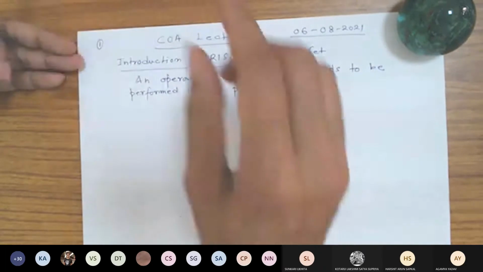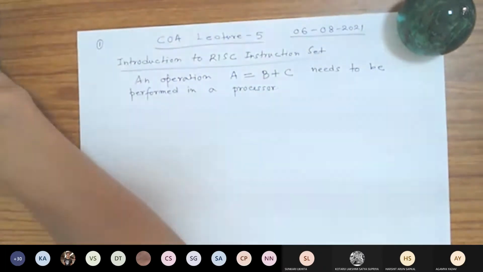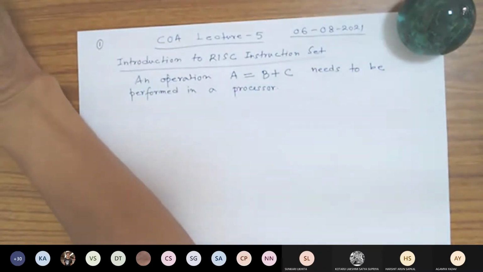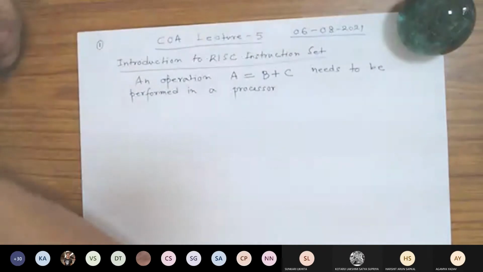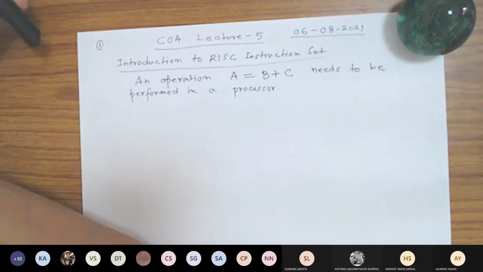So my objective is to perform A equals B plus C. I have not explicitly mentioned what is A, what is B, and what is C, and where they are. So can someone tell me what are the preconditions for executing this operation in any processor?